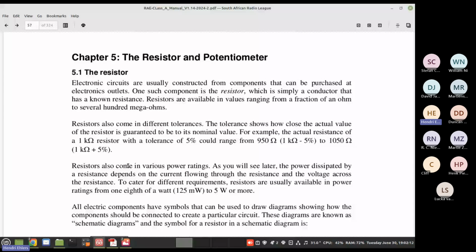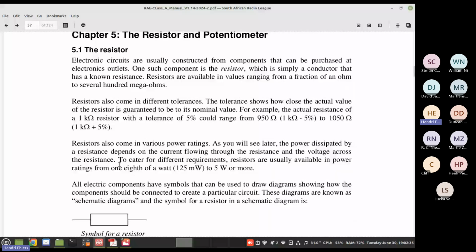The most common one is a quarter watt, but they do come in surface mounts at lower wattages. And then, of course, they go up to, well, the biggest one we sell is 20 watts, but you get monsters that are several hundred watts of resistance.